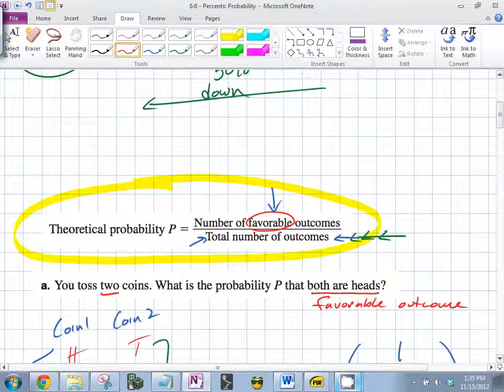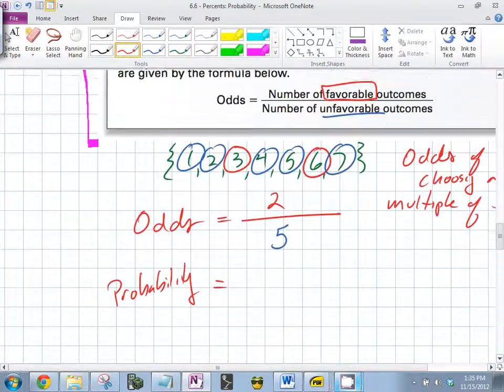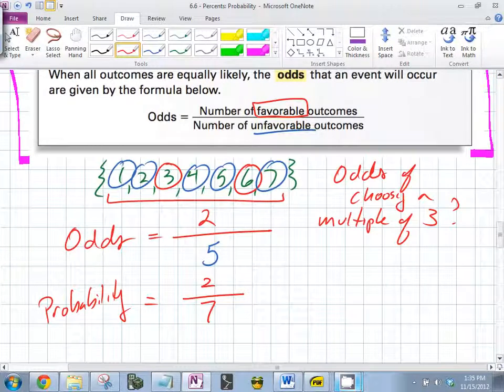So there are 2 favorable outcomes over the total number of outcomes, which is 7, because there are 7 numbers in this set. So 2 ways of describing the same event. The odds of choosing a multiple of 3 are 2 out of 5. The probability of choosing a number that's a multiple of 3 would be 2 out of 7.